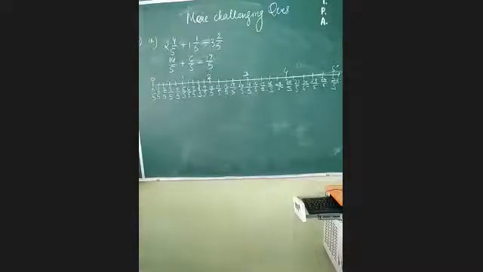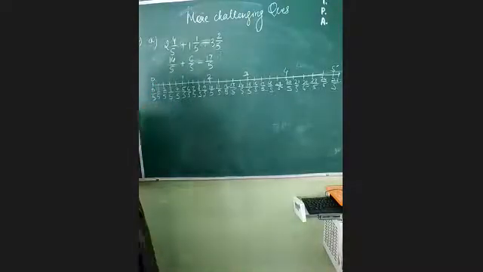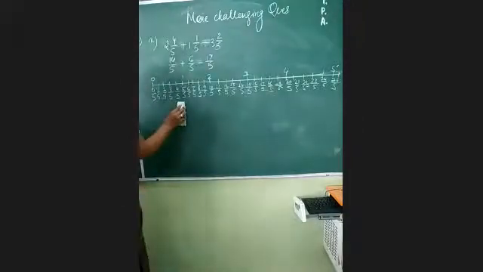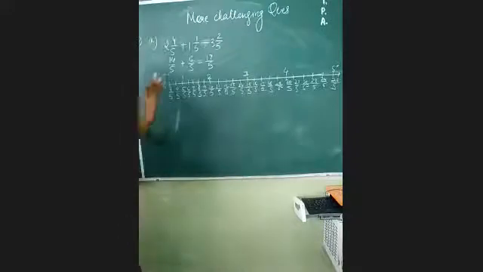Now the question is telling us you have to add 14 by 5 to 6 by 5. Okay, so first of all, 1/5 means 1 step, 2 by 5 means 2 steps, 3 by 5 means 3 steps. So first of all, what we will do here, we will move ahead to 14 by 5.